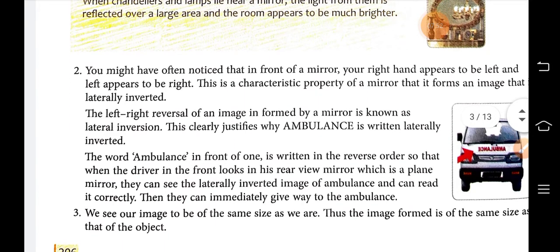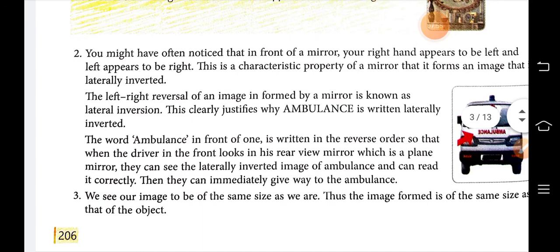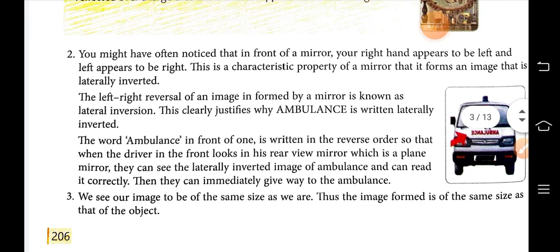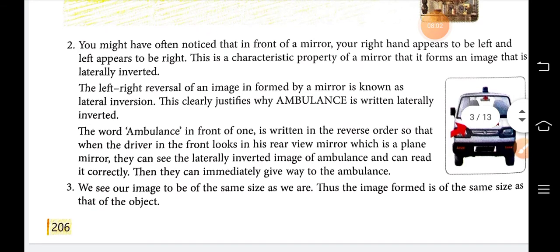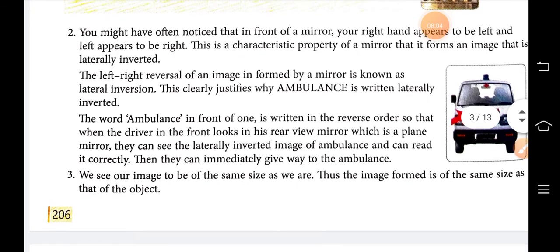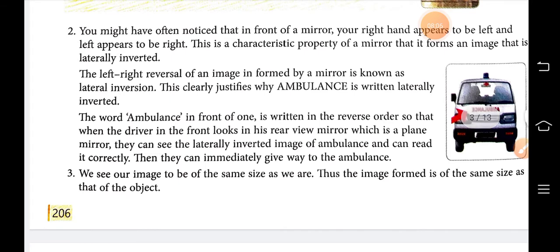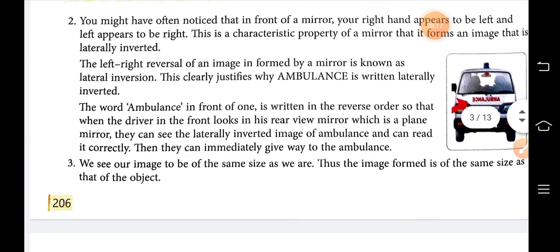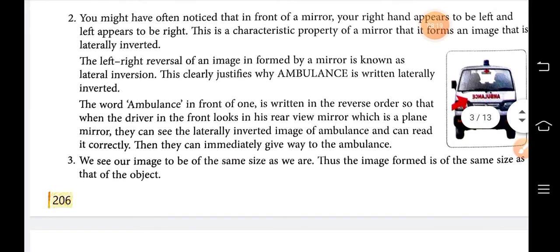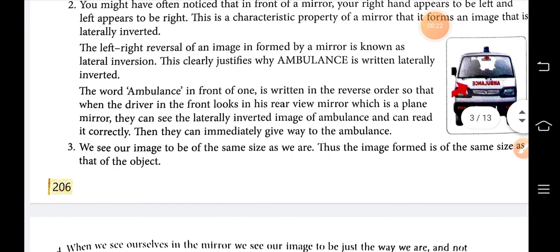Second is, the right hand appears to be left and the left appears to be right in the plane mirror. This property of a plane mirror is known as lateral inversion. Laterally inverted: right appears left, left appears right. Reversal of an image. And this property clearly justifies why ambulance is written laterally inverted.